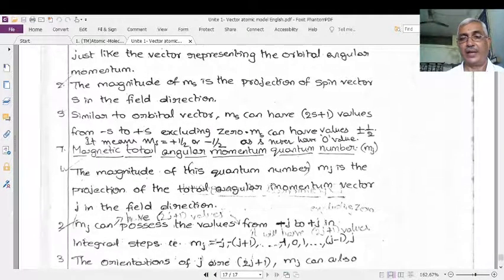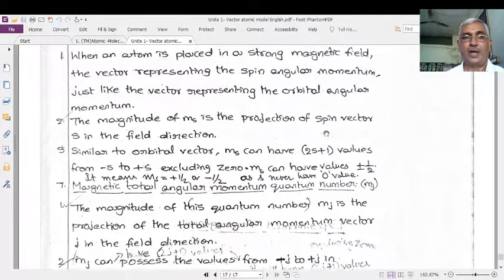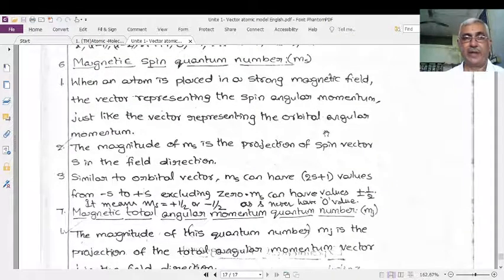And S never becomes 0, therefore MS will also be given by the values from minus S to plus S, with 2S plus 1 values. Therefore, the magnetic spin quantum number is the effect of the magnetic field on the spin motion of the electron.